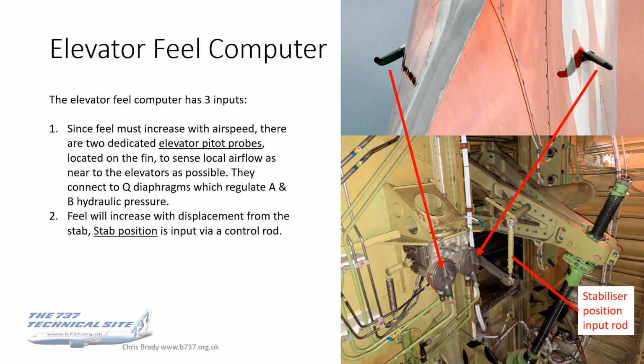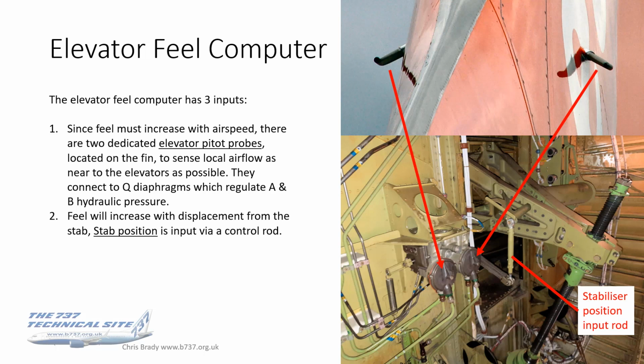So as the stabiliser moves up and down on the jack screw, that rod moves up and down, and so that moves that lever on the side of the elevator feel computer, and so it regulates the hydraulic output from the computer, and so it gives us a change of feel on the flight controls.